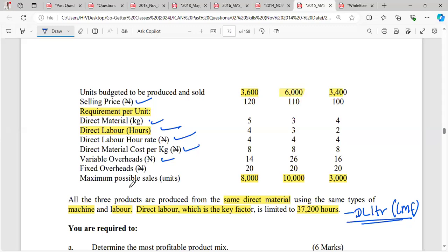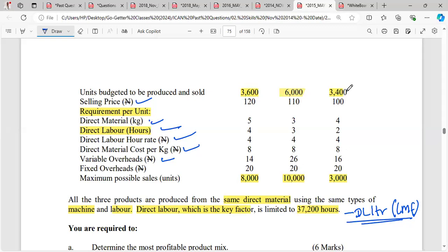Now, your fixed cost will not change if you decide not to produce 8,000 and you want to produce 3,600. Your fixed cost will be fixed irrespective of the units produced. So whether you decide not to produce 10,000 and want to produce 6,000, your fixed cost is gotten from this 10,000.